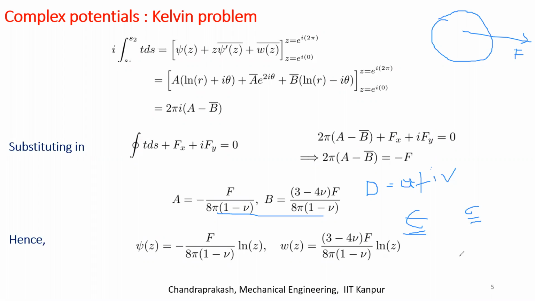When you differentiate a logarithmic term, you end up with a 1 by r kind of term. And you want such a term because as r tends to infinity, you want all quantities to converge to 0. So that is the reason for choosing a logarithm of the complex variable term. Okay, so this is it for this problem.